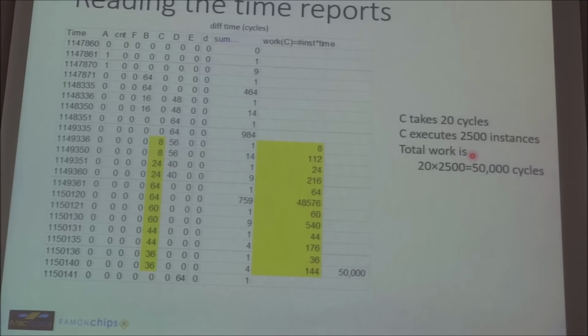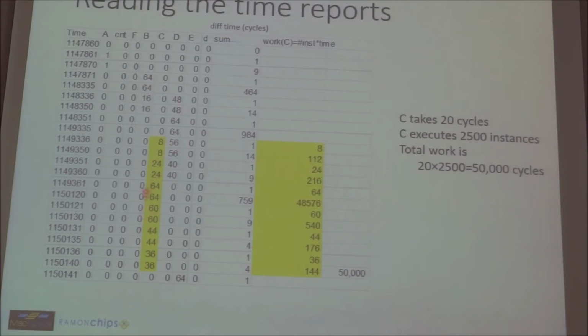And here the computation confirms that I need 50,000 cycles, because I wanted 20 cycles each times 2,500 instances. The total I need to spend, doesn't matter on how many cores, all in all I need to spend a total of 50,000 cycles. If I wanted only a single core, I would get pure 50,000 cycles, because it would just take 20 and 20 and 20 and 20 until we accumulate. So this shows that indeed the emulation makes sense.